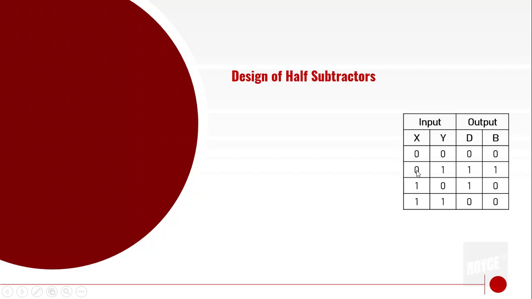Okay? So, ang kakalabasan nito would be 1, 0 minus 1. That would be 1 yung difference. Diba? Nag-borrow 1 tayo kaya meron tayong output dito sa borrow. 1 minus 0, that is 1. Nag-borrow ba tayo? So, hindi. 0 siya. 1 minus 1, that is 0 yung difference, and 0 din yung borrow.